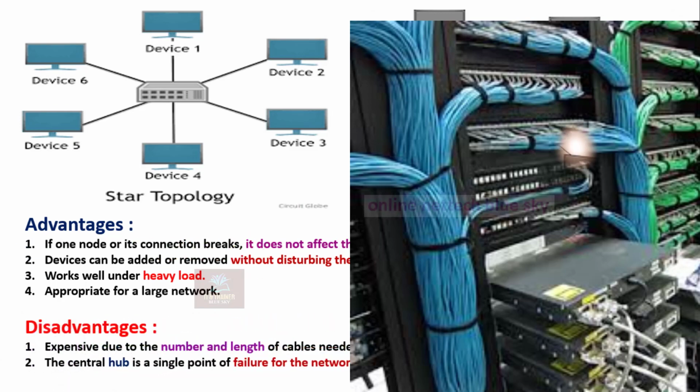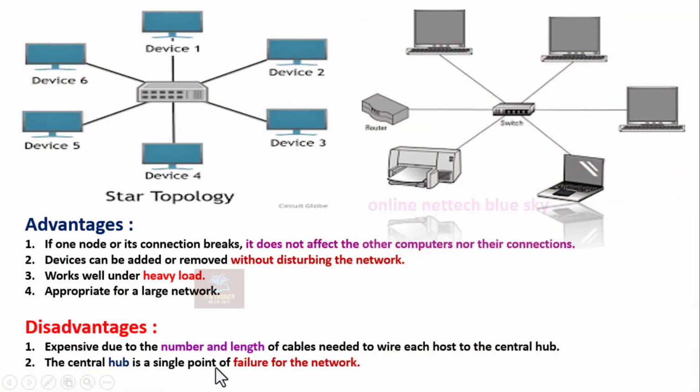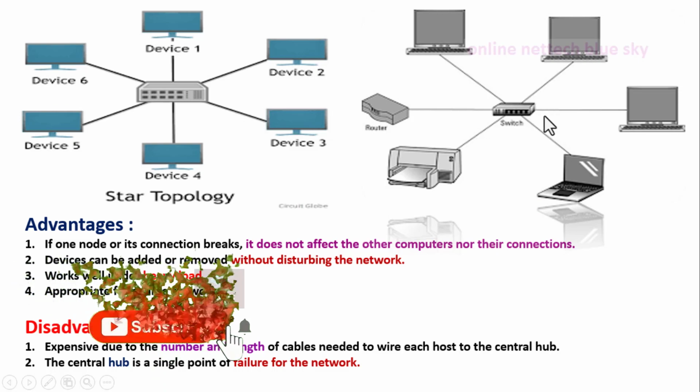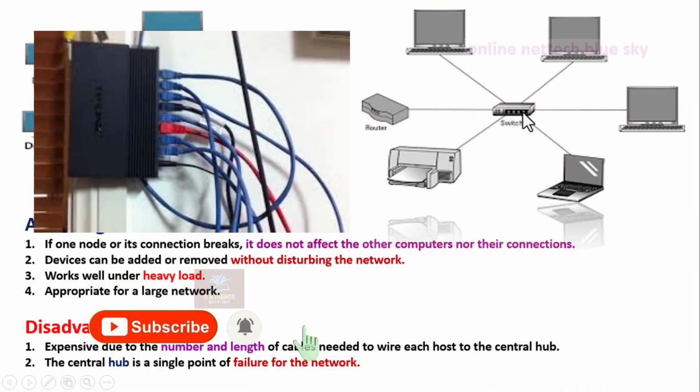Second, the central hub is a single point of failure for the network. This is very important. All of the network works in a centralized hub system, hub or switch, whatever. The switch is a centralized device.